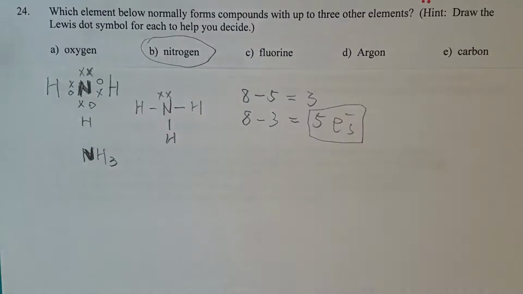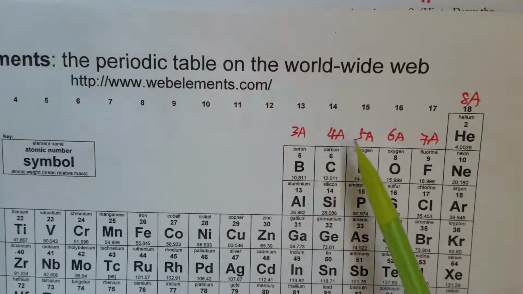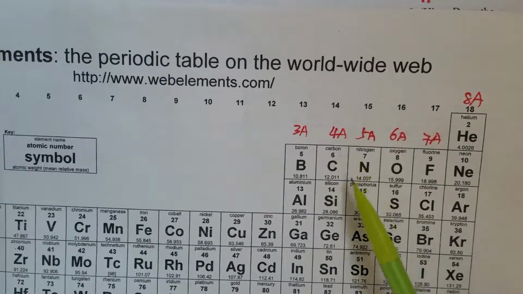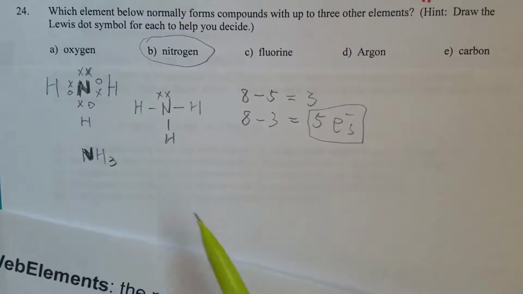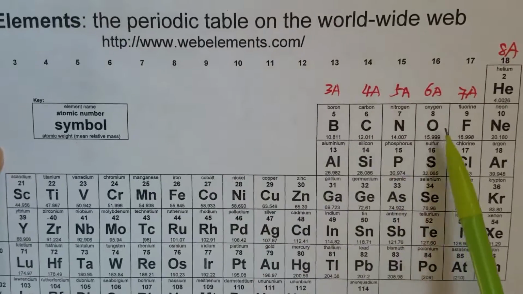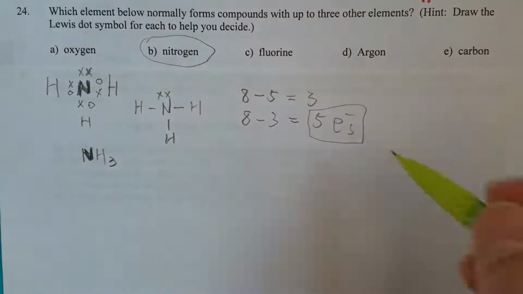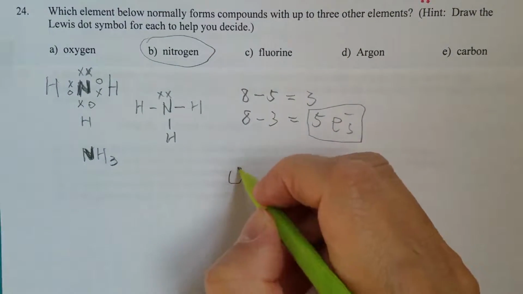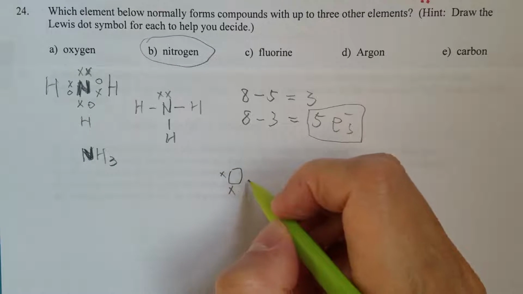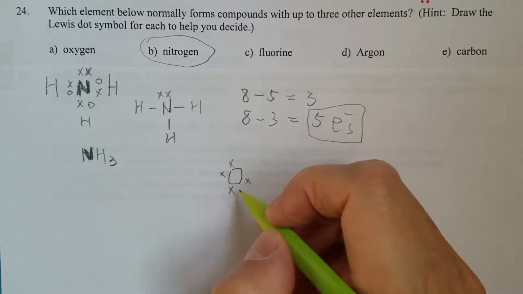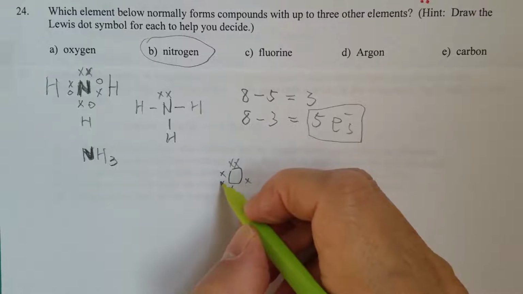Again, the easiest way to find the number of valence electrons is to see which group they are in. The first choice is oxygen. That's 6 electrons. So if 6 electrons, let's draw this: 1, 2, 3, 4, 5, 6.